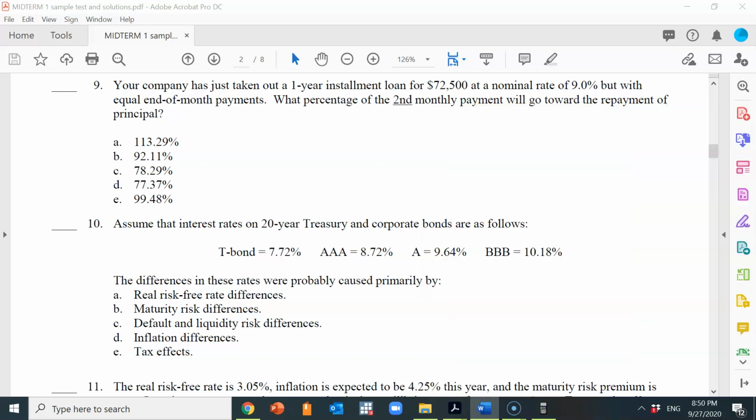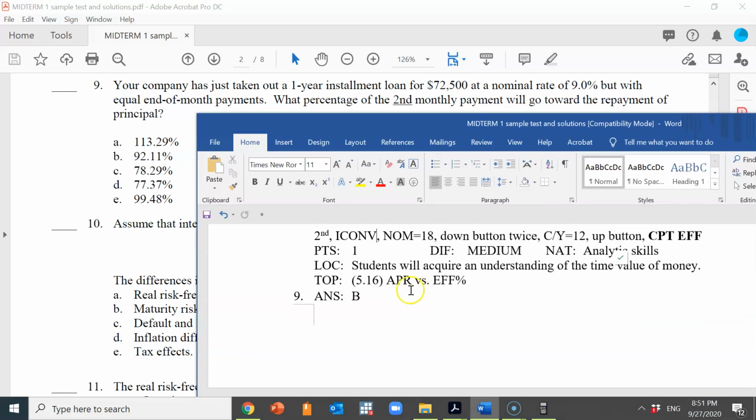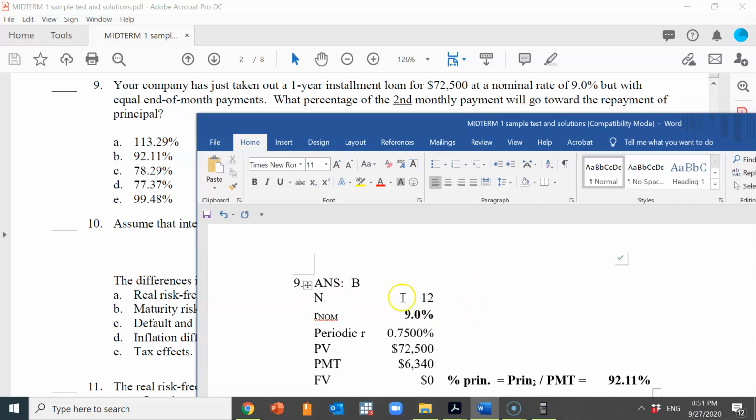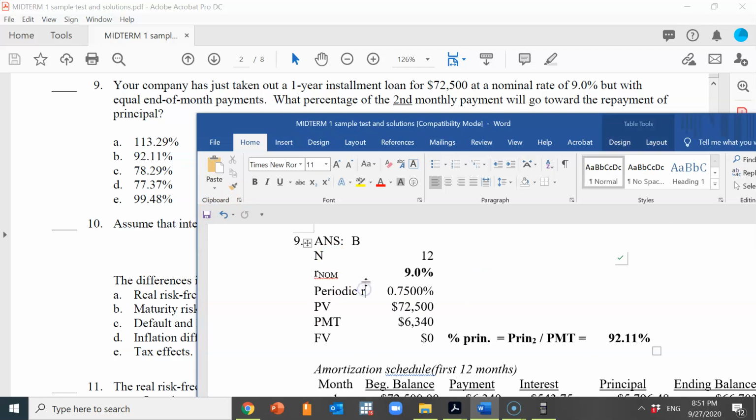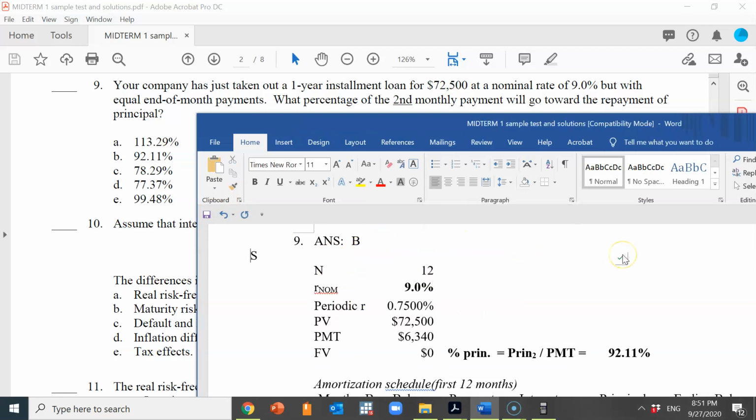Let me repeat the process using the solution here. Question 9. Step 1, calculate the monthly payment by using the calculator.